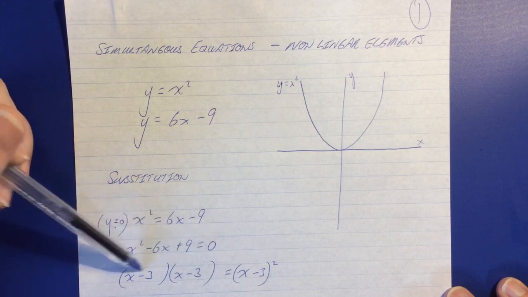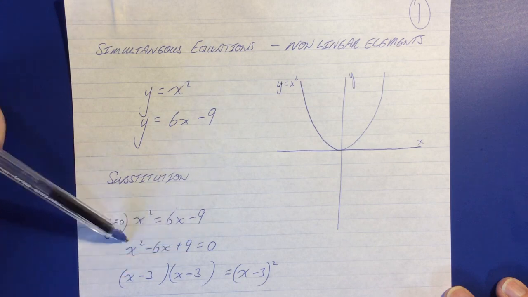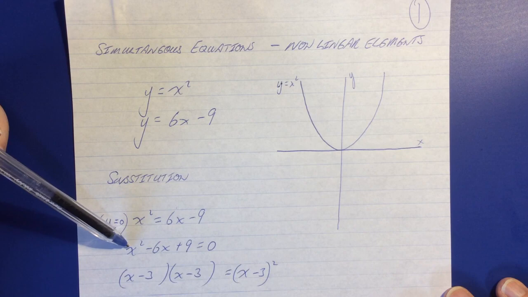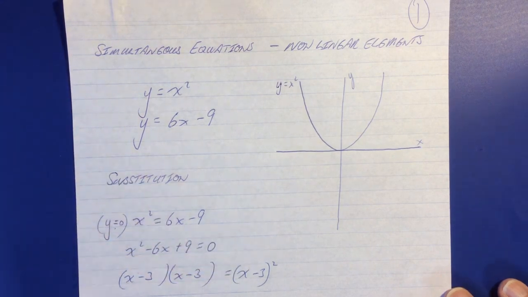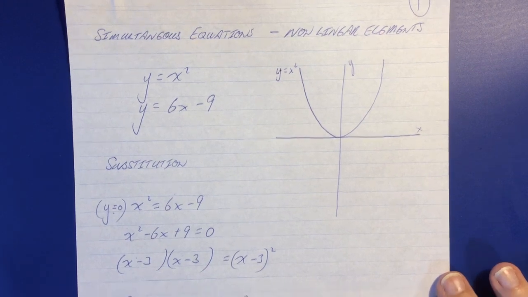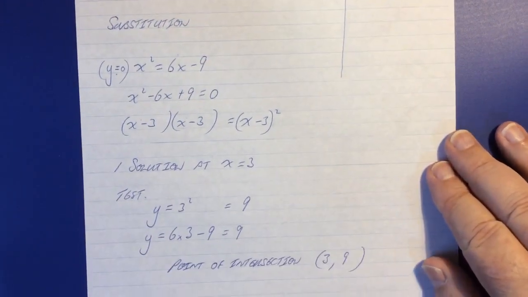And then we just set about solving this. It turns out that this is a perfect square, which is nice and handy. So we have one solution, and that solution is x equals 3.